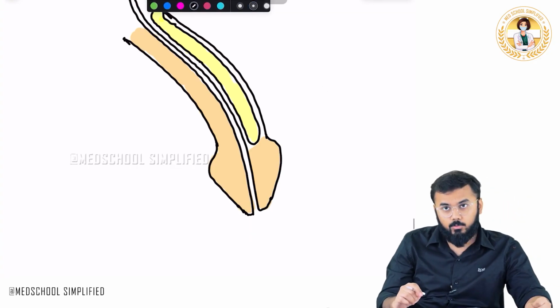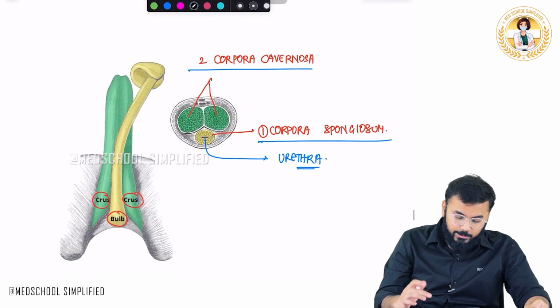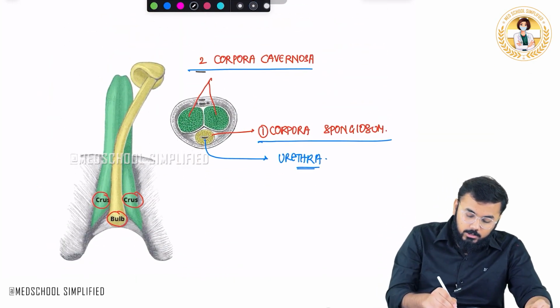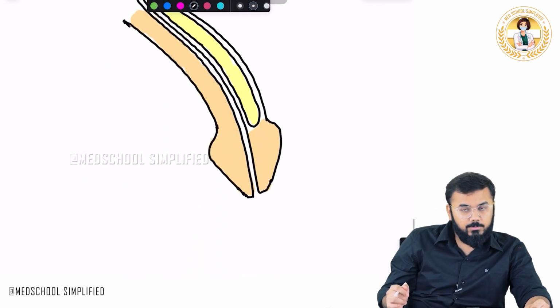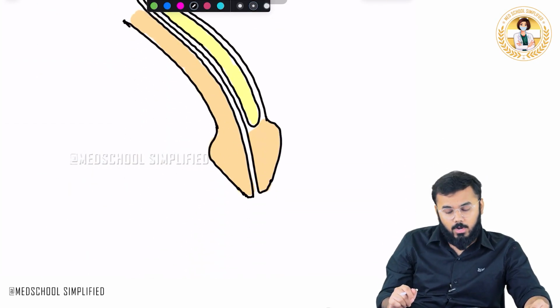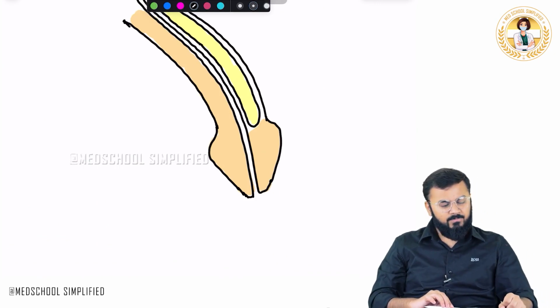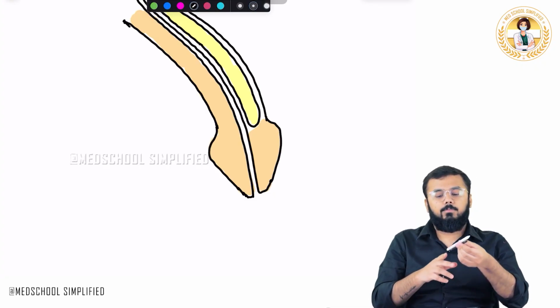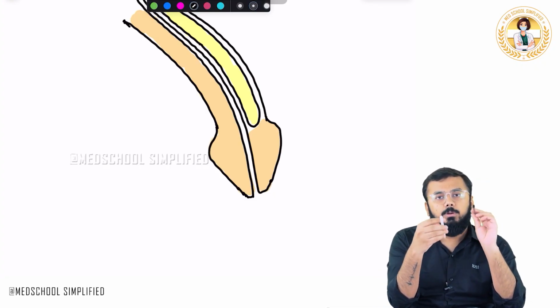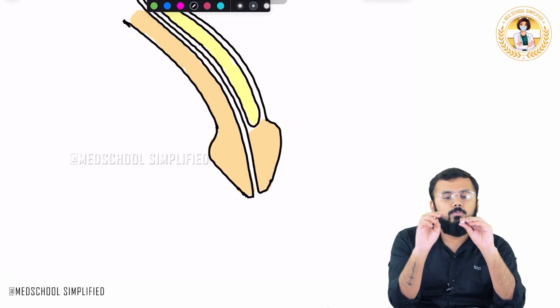Now you might think, sir, there must be two corpora cavernosa and one corpus spongiosum. One corpus spongiosum is fine, then where are the two corpora cavernosa? Very important thing: for example, let us say this is one pen, and these are the two pens over here.